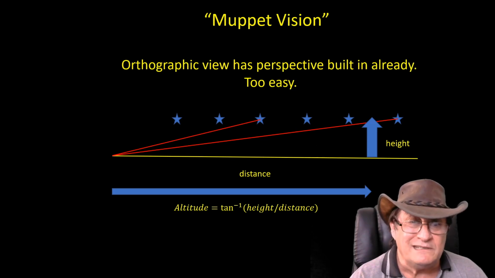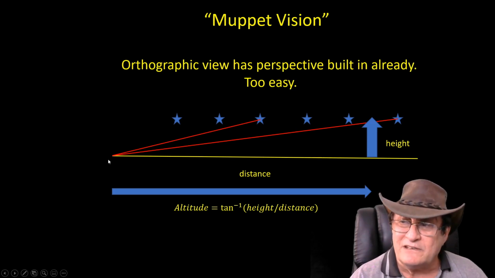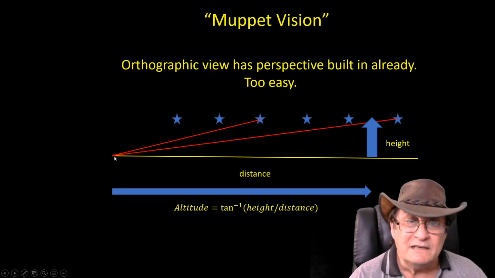It's too easy. If you take a look at this diagram, see this observation point here. You've got these points across the sky, street lights or stars or whatever you like to call them. You can see they're all above the flat plane there at an equal distance.